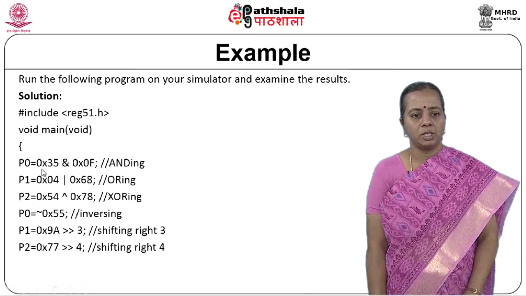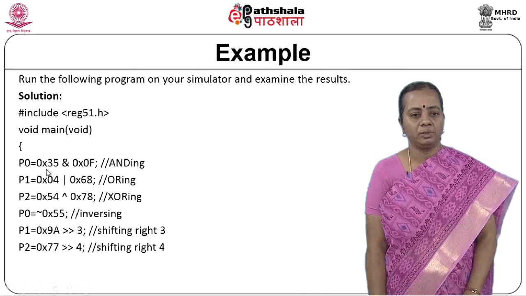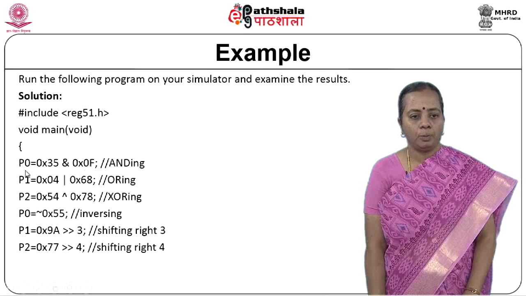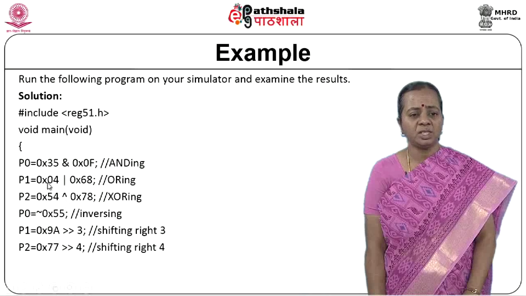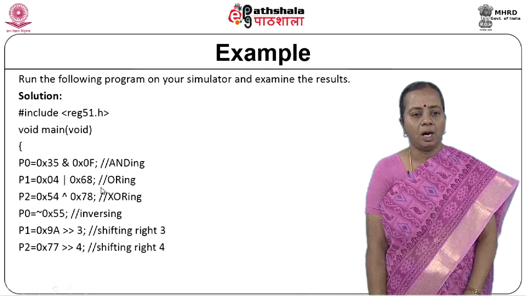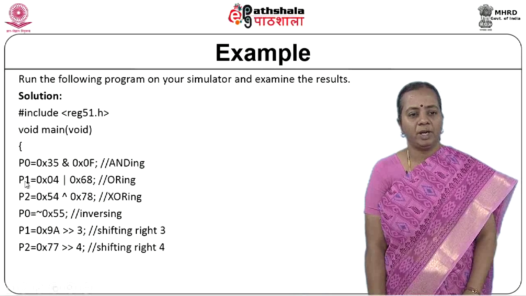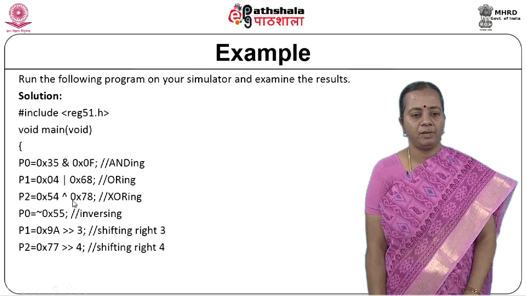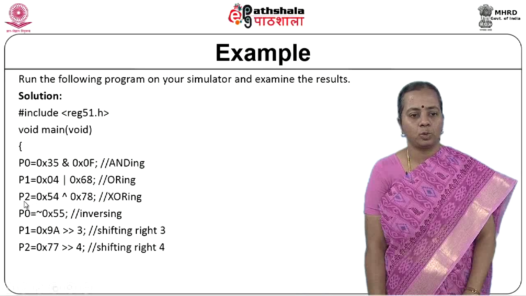So P0 is equal to 0x35 ANDed with 0xFF; these two values are bitwise ANDed, and the result will be pushed to port 0. Then 0x04 ORed with 0x68, these two hexadecimal numbers, will be given at port P1. And 0x54 XORed with 0x78, these two hexadecimal numbers, will have the result placed at your P2.